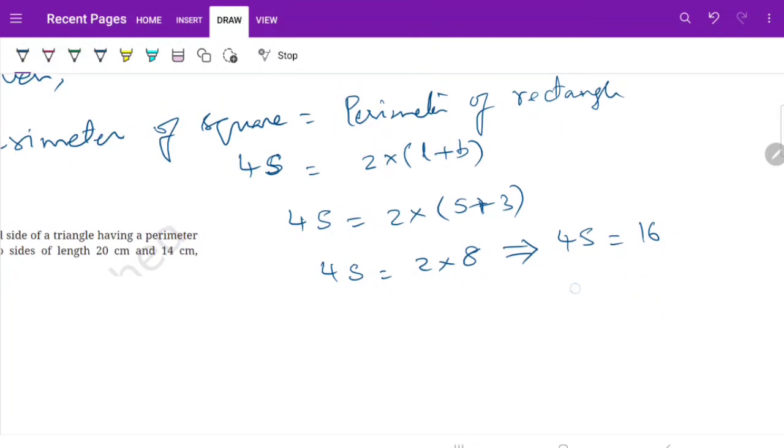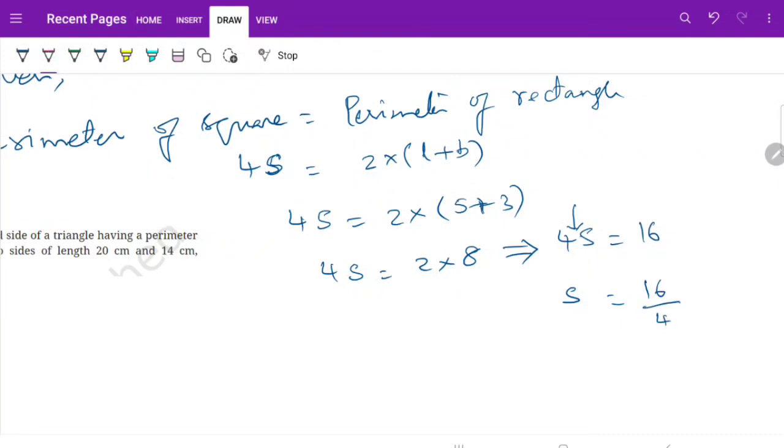So we need to find s. Here, between 4 and s there is multiplication. 4s means 4 multiplied by s. So if you need to find s, we need to send the 4 to the other side. Because it is with the multiplication operation, when it goes to the other side, it will be in the denominator position.